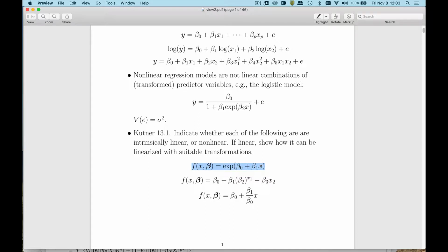So the log of this function is just beta naught plus some parameter times an x. On the other hand, these next two functions are not intrinsically linear. They are nonlinear functions because I can't take some simple transformation and make it a sum of a parameter times predictor variables.